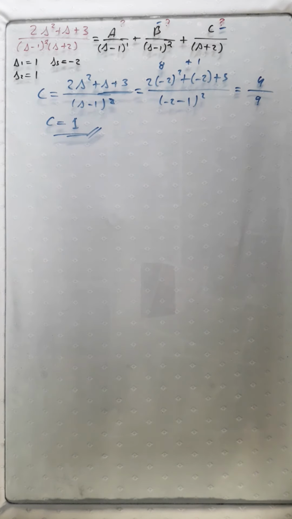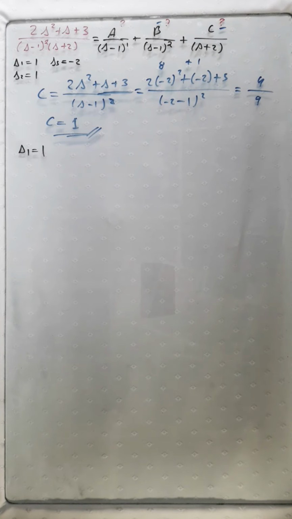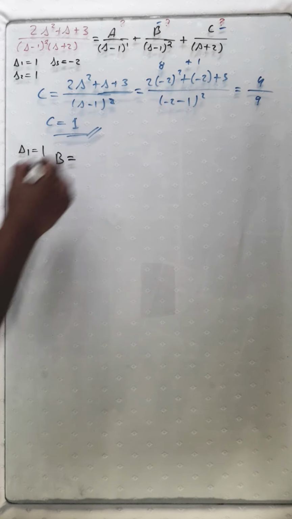Now let's calculate the value of B. For the value of C, we used the root S3 equal to minus 2. Now if we want to use S equal to 1, which is the other root, S1 equal to 1, we can only find the value of B. Why?